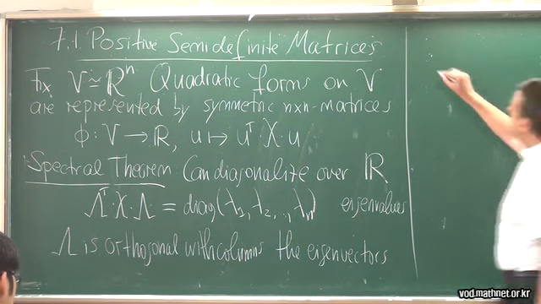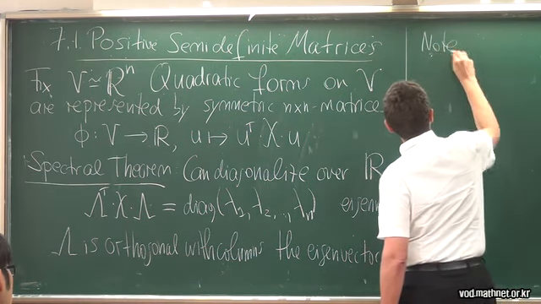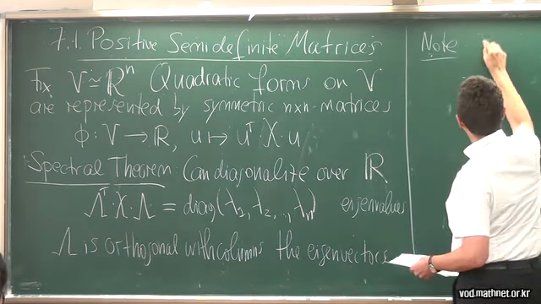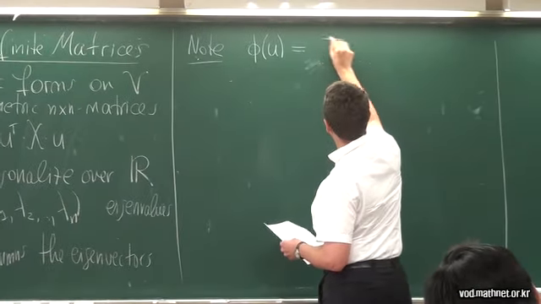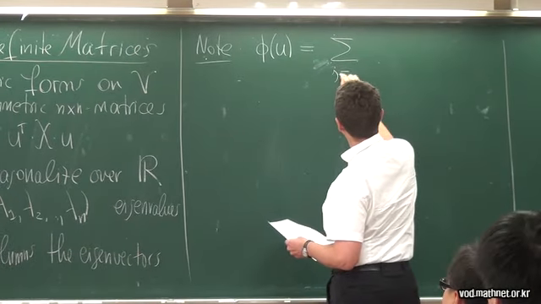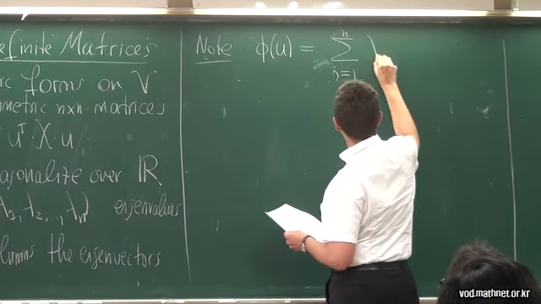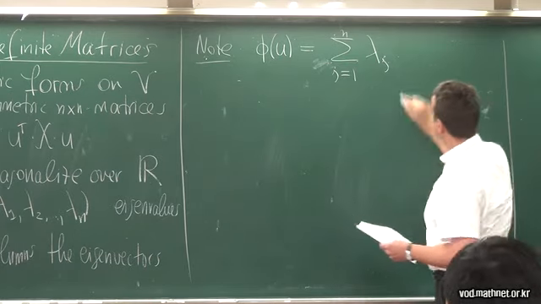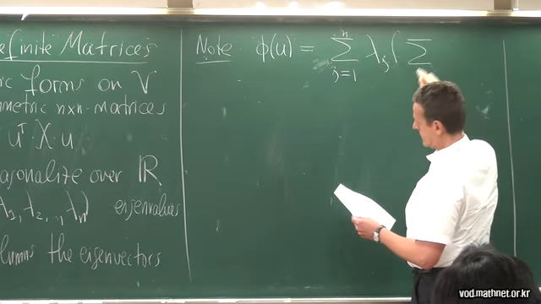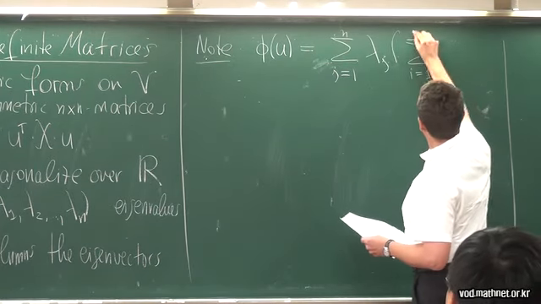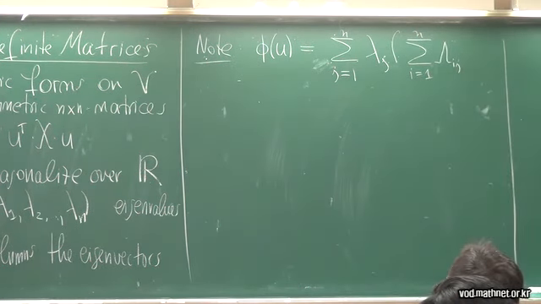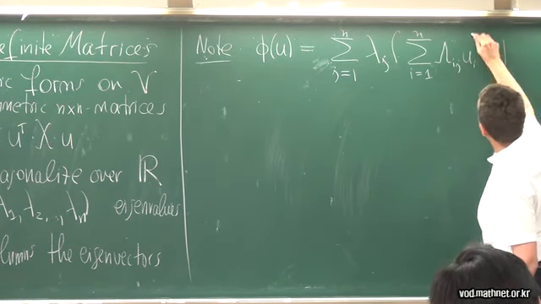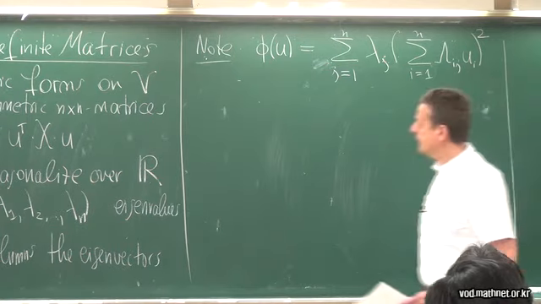Now note that with this diagonalization comes a sum of squares representation of phi. Right? So you can write phi now as the sum over j from 1 up to n of lambda j, those are the eigenvalues, times the sum over i from 1 up to n of lambda ij, that's the entry in row i and column j of the lambda matrix, times u i squared.